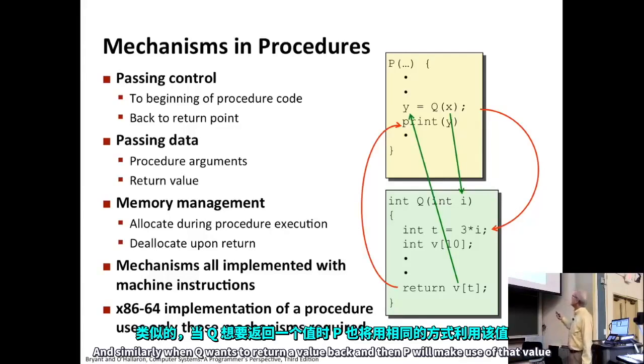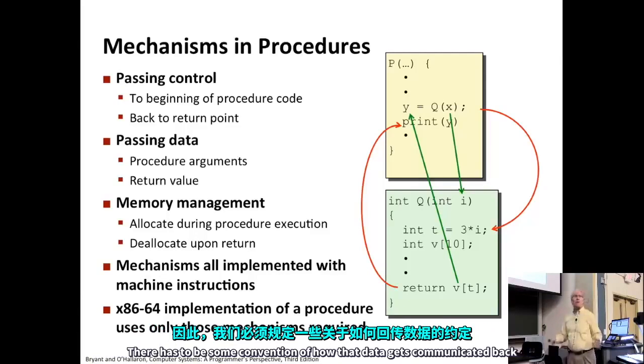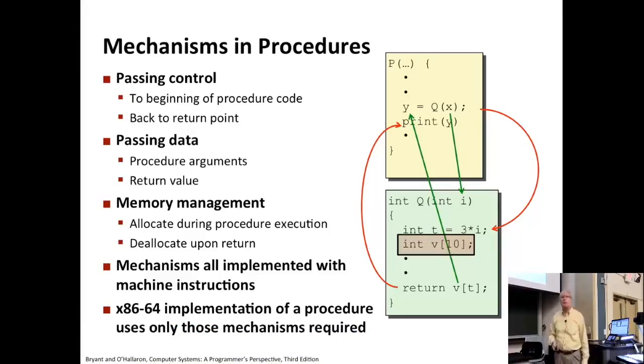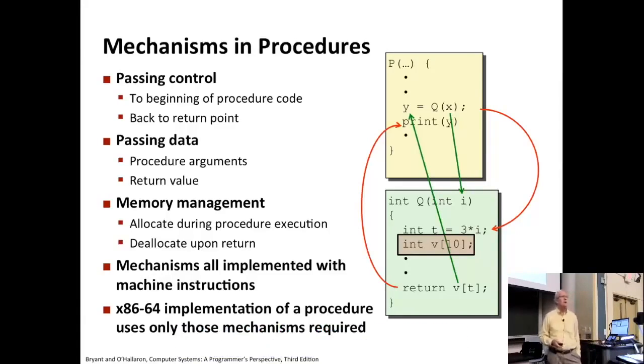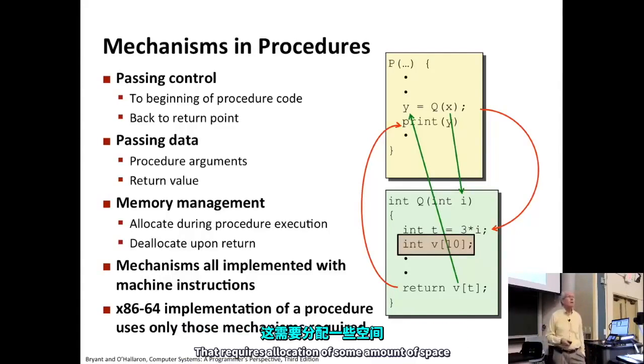And similarly, when Q wants to return a value back and then P will make use of that value, there has to be some convention of how that data gets communicated back.